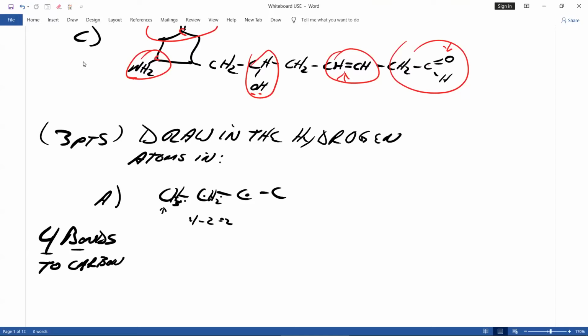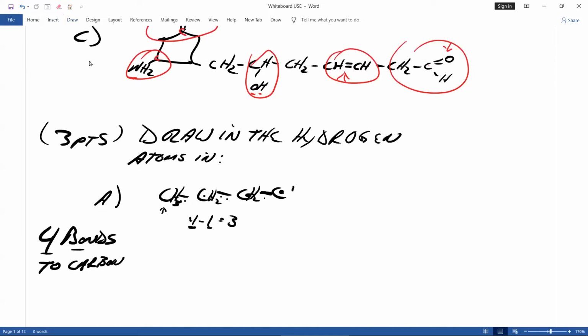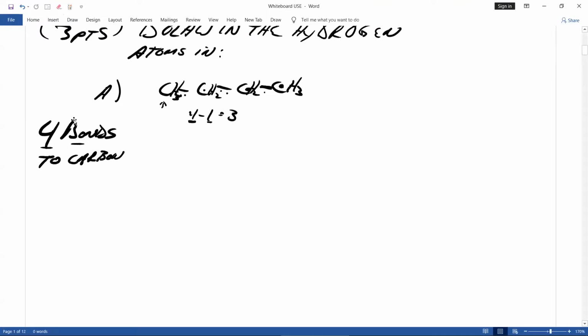Now this carbon right here has 1, 2 again, 2 bonds, but there's always 4 bonds. 4 minus 2 is 2. And this last carbon right here has 1 line or 1 bond, and there should always be 4 bonds to carbon. 4 minus 1 is 3, so I write my 3 hydrogens. And that's how you do it.